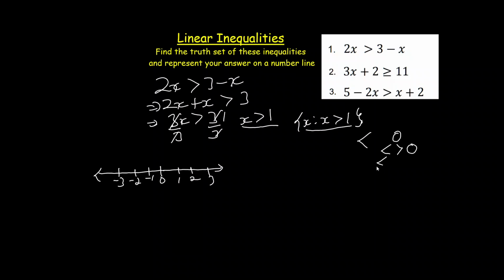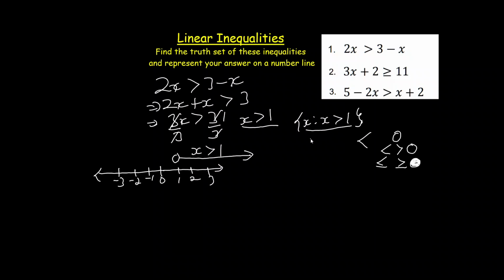But if you have less than or equal to or greater than or equal to, you draw a circle and then shade it. Here, because you don't have any line, it's just a normal greater than sign, we'll come to the 1 and draw a faint circle, a normal circle without shading it, and then draw our arrow to the right, and then write the answer, which is x is greater than 1.